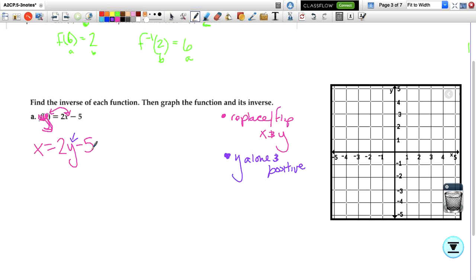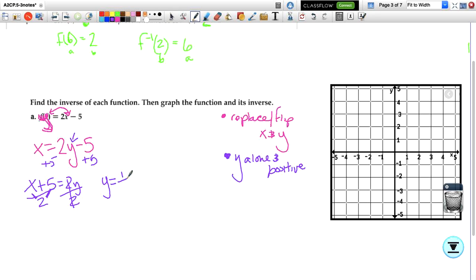So with 2y minus 5, my first step has to be to add 5 to each side. I'm left with x plus 5 equals 2y. Divide by 2. Now my y is alone and positive. I have y equals x plus 5 over 2, and because I want to graph this, I'm going to send the denominator to each term.